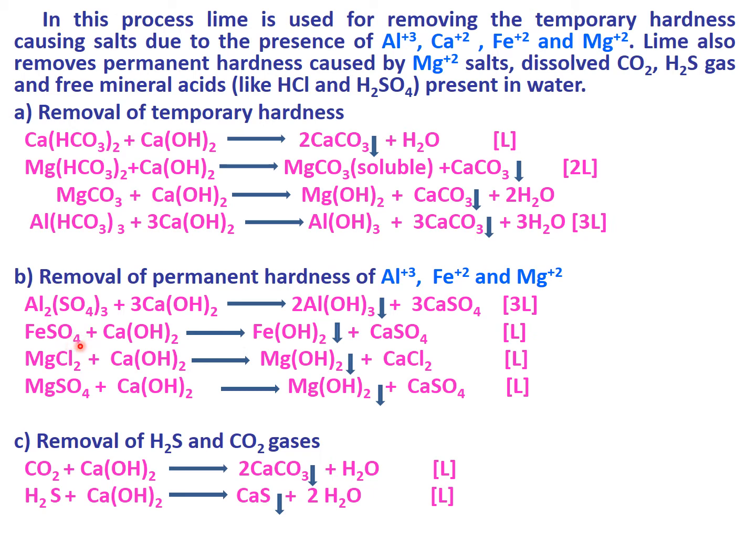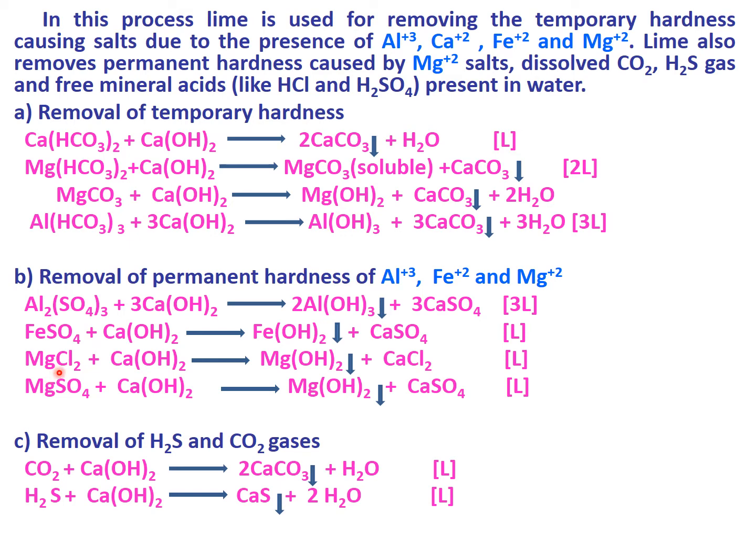So now we take the next example. In case of ferrous sulfate, for 1 mole of ferrous sulfate we require 1 mole of calcium hydroxide or lime, that will precipitate as Fe(OH)2 and a permanent hardness causing calcium salt.